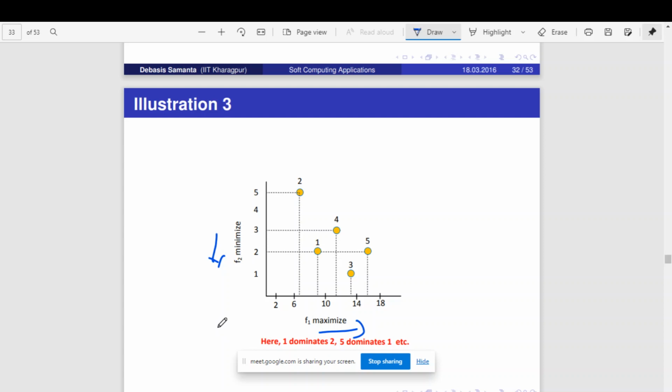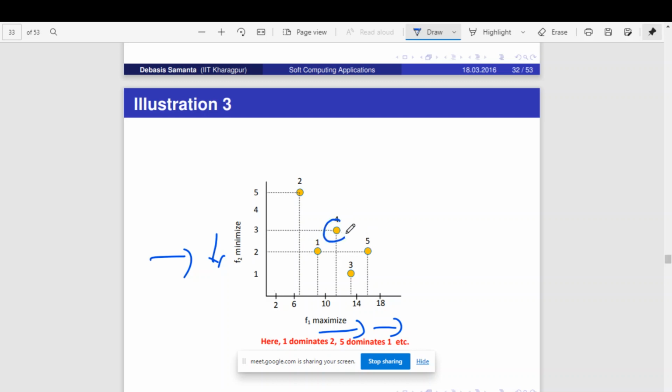What's the first condition? Yes, it is dominating. In the F2 plane, both are equal. Both are equal means 5 is no worse than 1, right? But in the F1 plane, 5 is better than 1, right? So 5 is dominating 1.